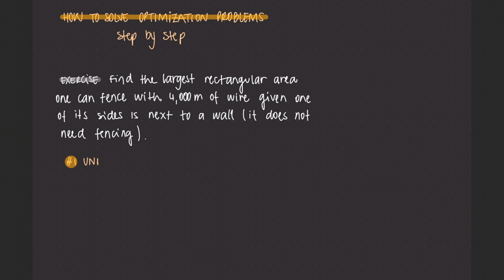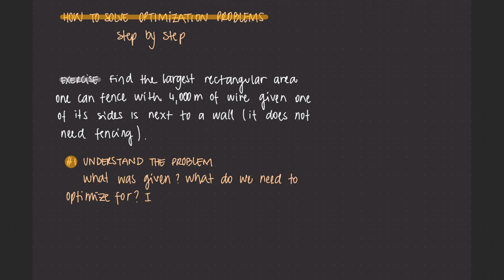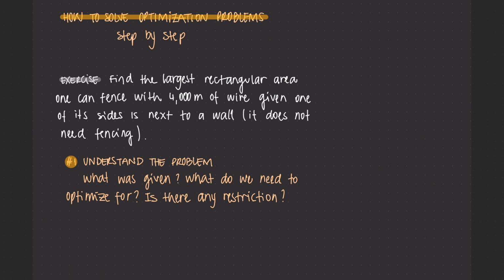So what's step number one in this process? The first step is to understand the problem, which means answering questions such as, what was given? What do we need to optimize for? And also, is there any restriction? And all of these questions, of course, can be answered right now. So what was given? We were given the amount of fence or the amount of wire that we have. We were given also this piece of information.